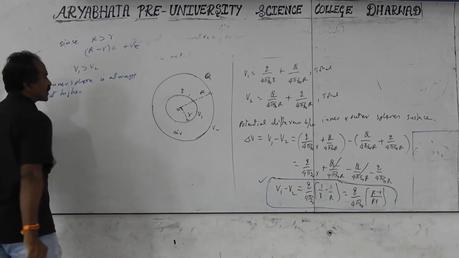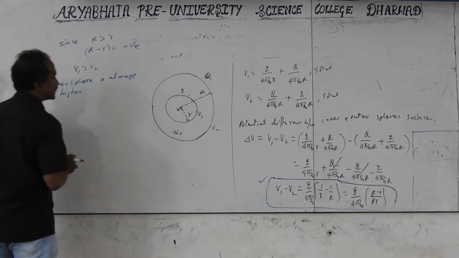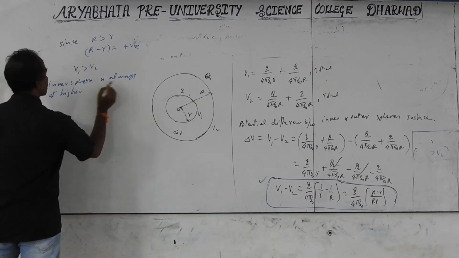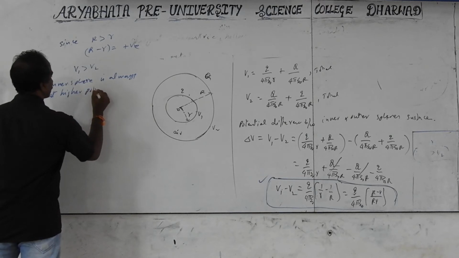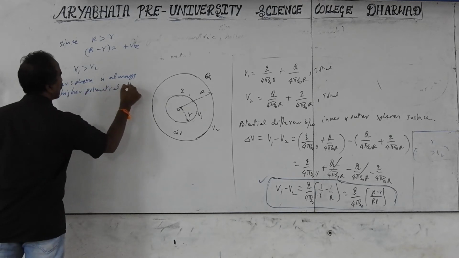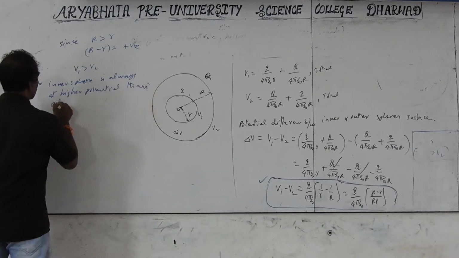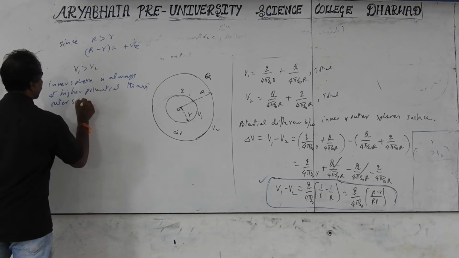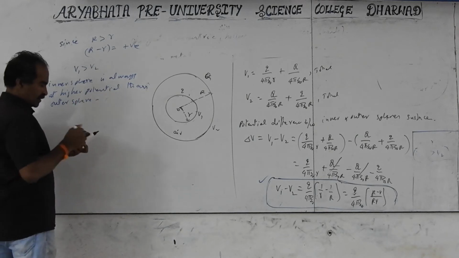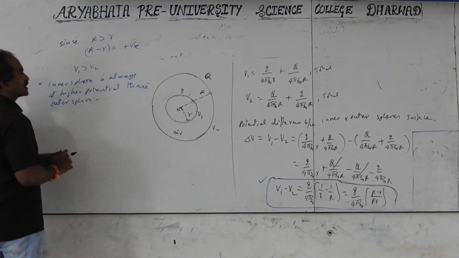Even if it is not a conductor, it is complicated, but charges cannot move easily. The inner sphere is always at higher potential than the outer sphere.